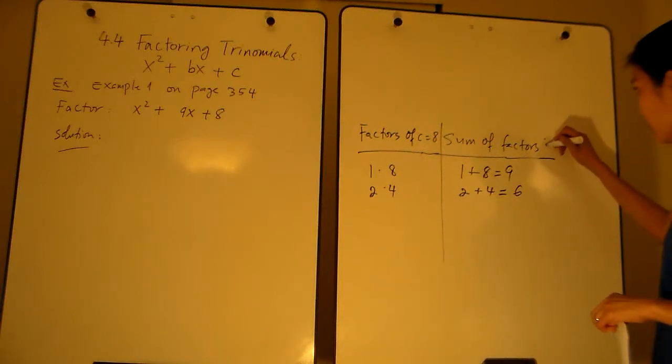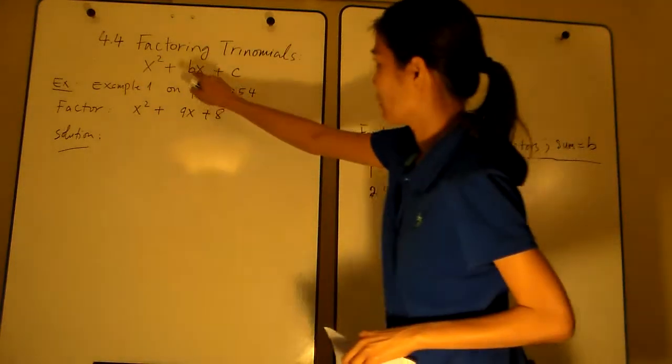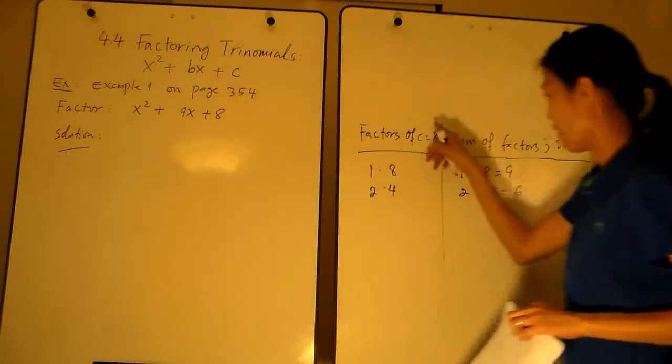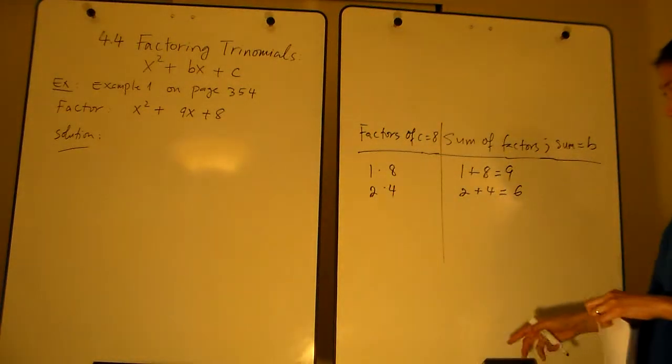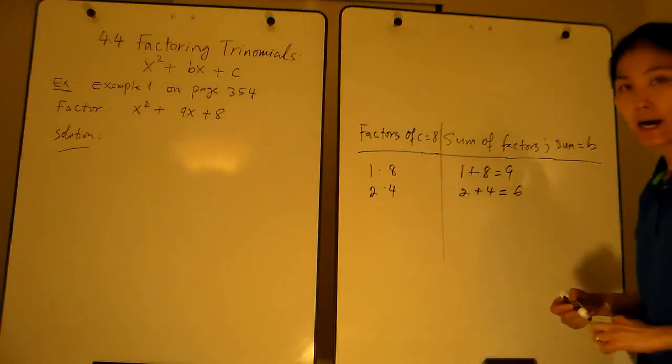Now, you want the sum to be equal to b. Right here, okay? Factors of c are right here, c is 8, right? 1 times 8 or 2 times 4. Find all the factors of c that you can find. For 8, there are only 2 types.